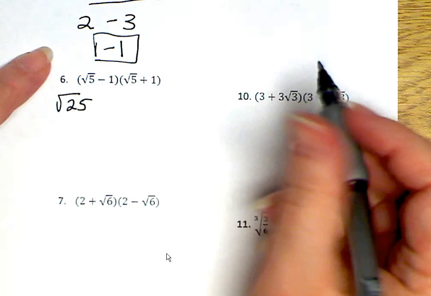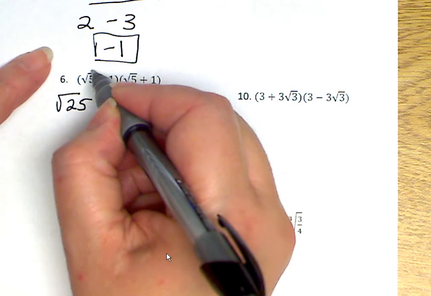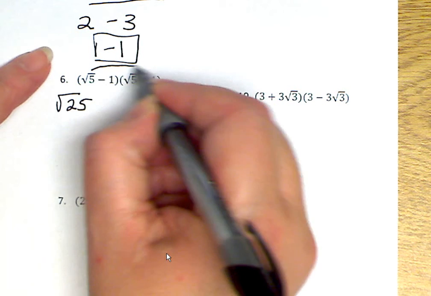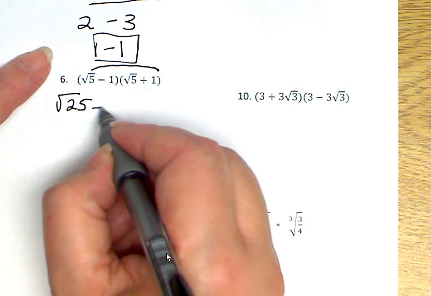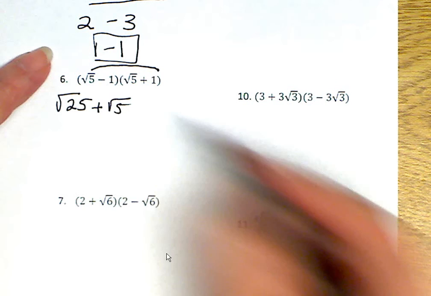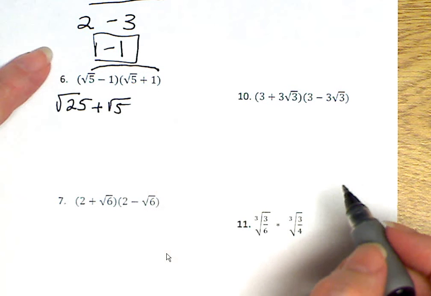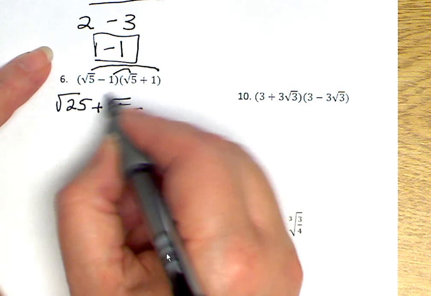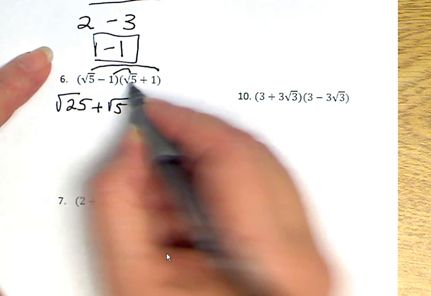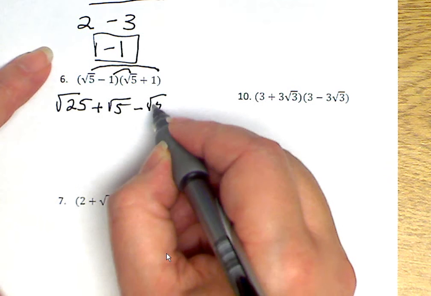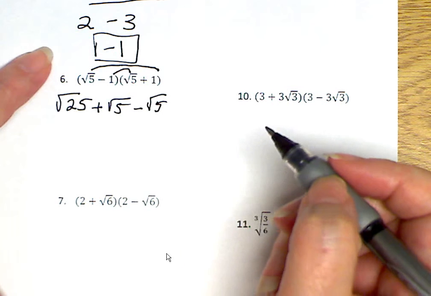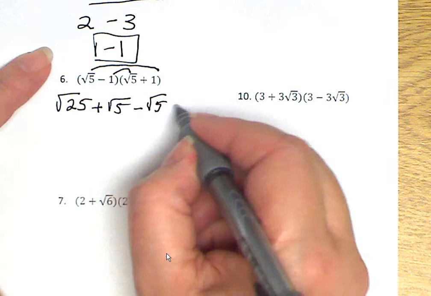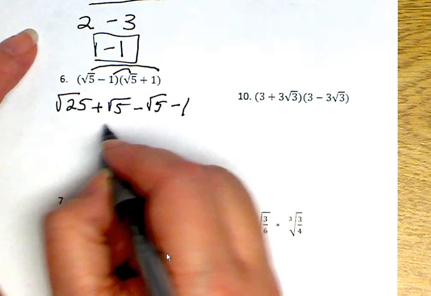Then you took the square root of 5 times 1, which is the square root of 5. Then you minus right there. So negative 1 times the square root of 5 is a negative square root of 5. See that? Yes. Then negative 1 times 1 is a negative 1. The middles drop out.